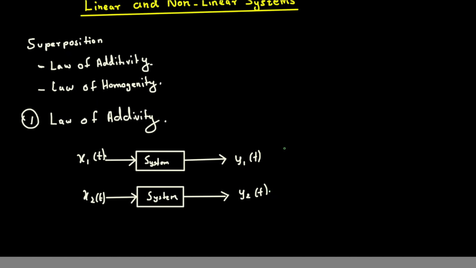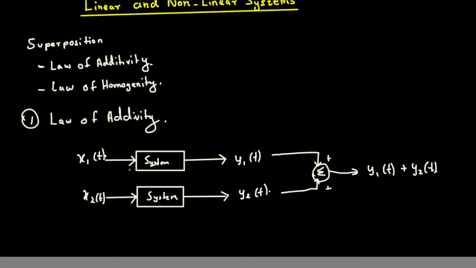For the first step, we take these two outputs and sum them, and we end up with y1 of t plus y2 of t. And this has to be the exact same thing as when we add x1 of t and x2 of t.